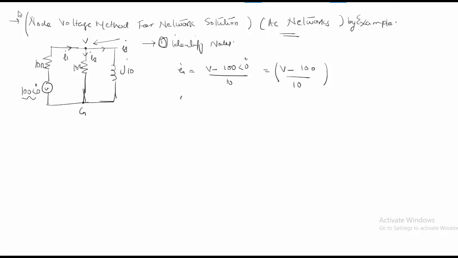My I2 is equal to V divided by 10, and my I3 is equal to V divided by j10. So these are my first set of equations.